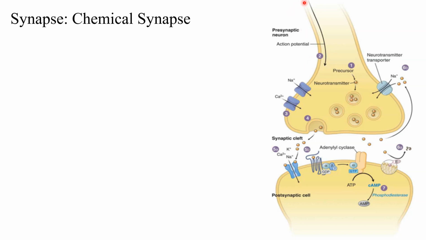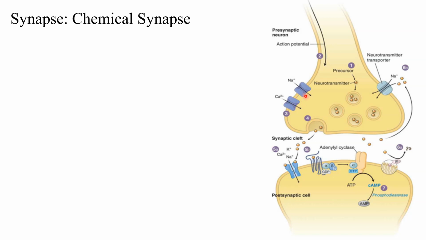Number two indicates the action potential. When the action potential comes, what will happen? A series of depolarization, repolarization, hyperpolarization, right? What is special at the axon terminal? Which type of channel is this? Voltage gated calcium channel.